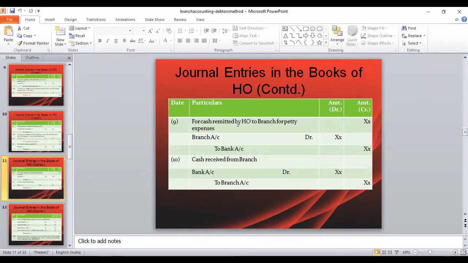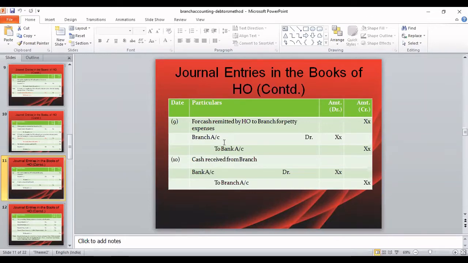Just think from a head office point of view: head office is giving money to branch, so branch is the receiver here. So the simple entry we have to pass is branch account debit to bank account.